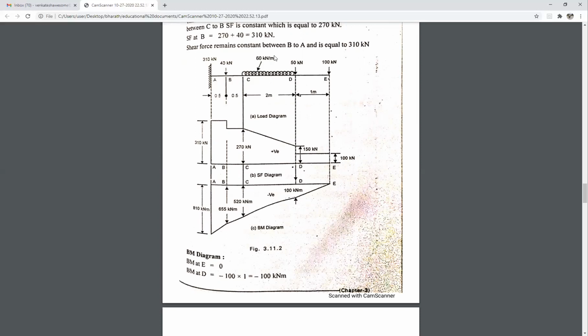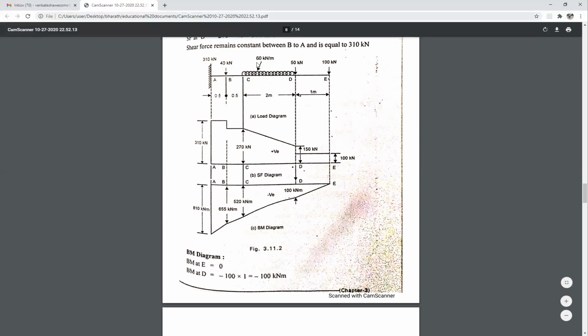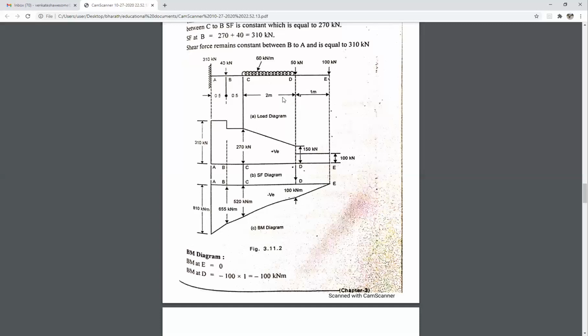Force multiplied by perpendicular distance. Here, in the case of UDL, which distance do we need to consider? Either 0.5 meters plus 0.5 meter, 1 meter, or 2 meters. Which distance do we need to consider? Here, the entire UDL acts at the center point.